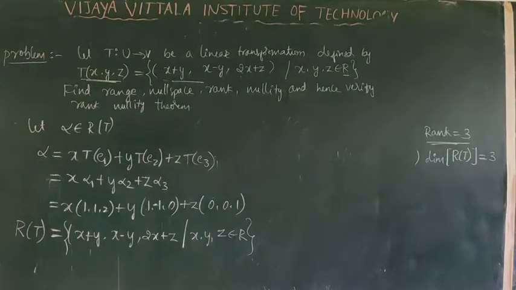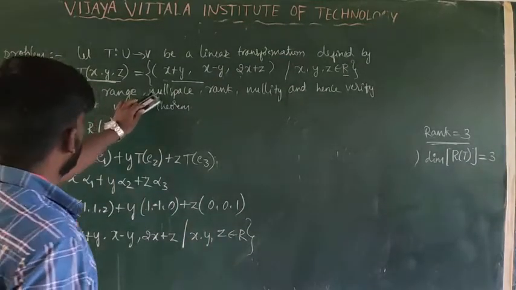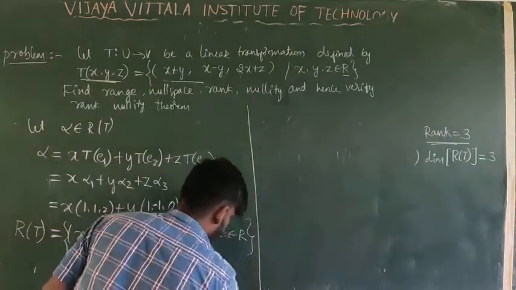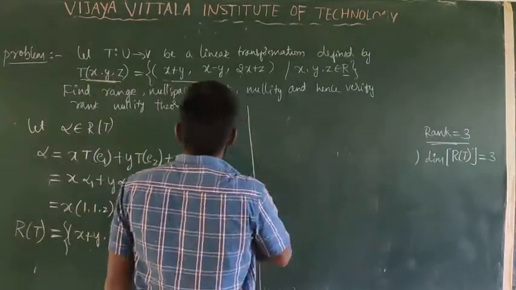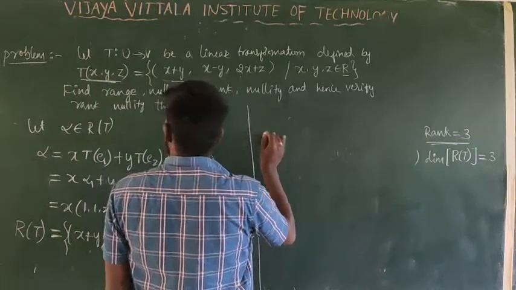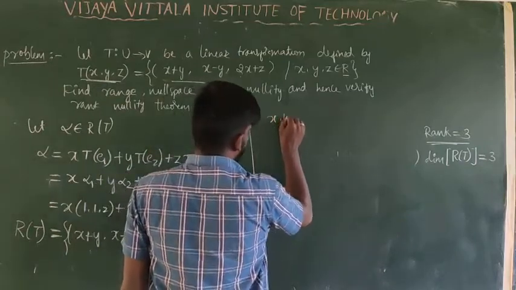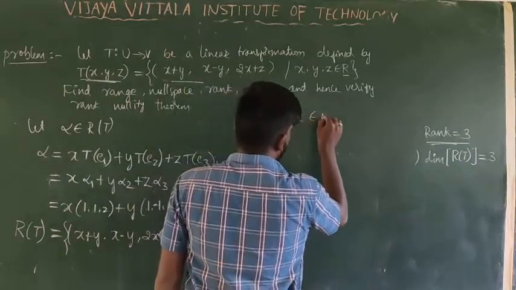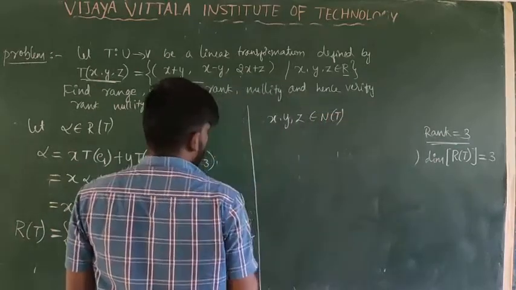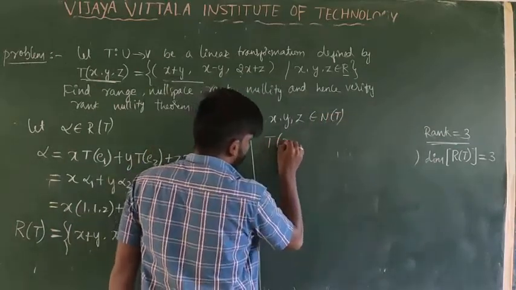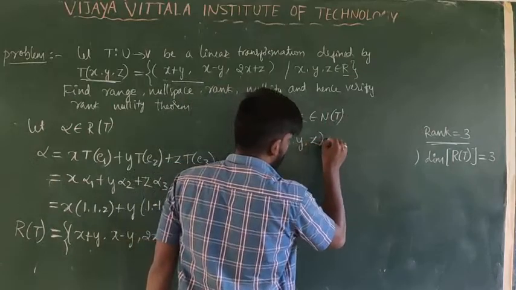Okay. Next, we will find the null space. If x, y, z belongs to N of T, then T of x, y, z is equal to 0.